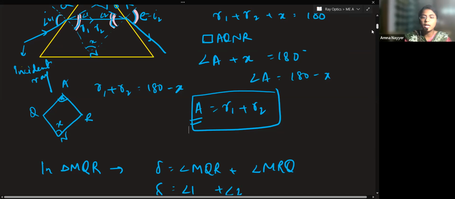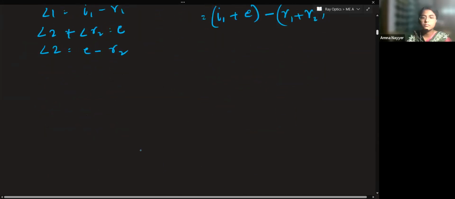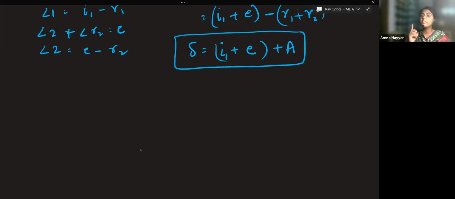So angle of deviation is what? Angle of deviation is I1 plus E, no need to write I1 if you're writing E, plus angle of prism. This is the angle of deviation.